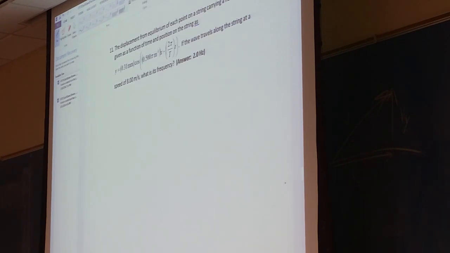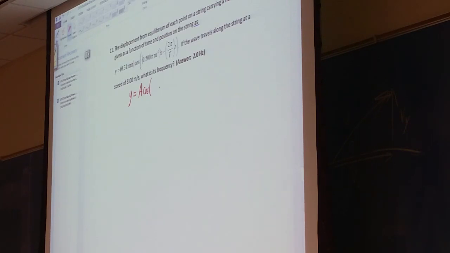We are given the displacement from equilibrium as a function of time and position on a string, and the general form of the displacement equation is the amplitude times the cosine of omega t, plus or minus, wait a minute, the omega t second.